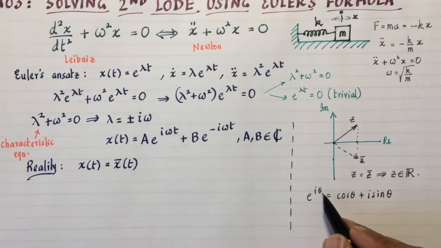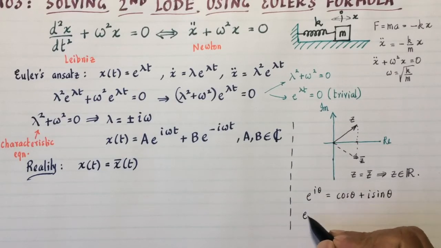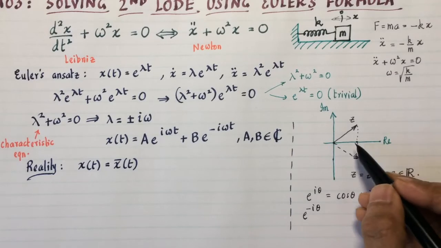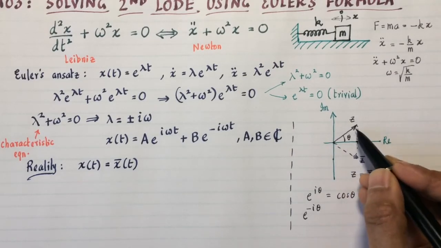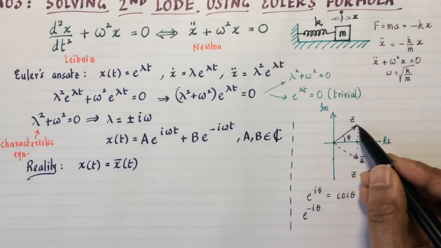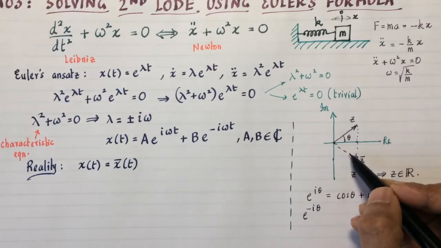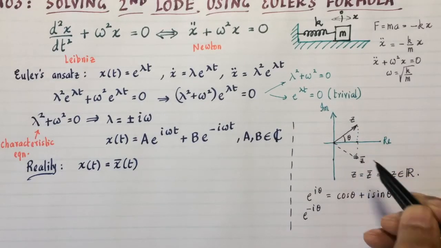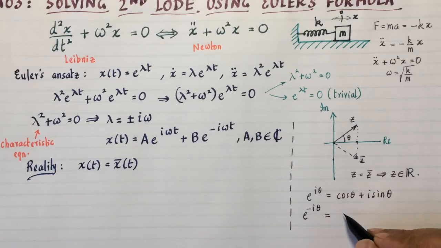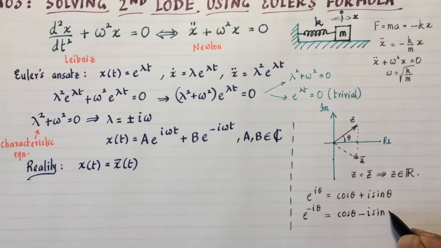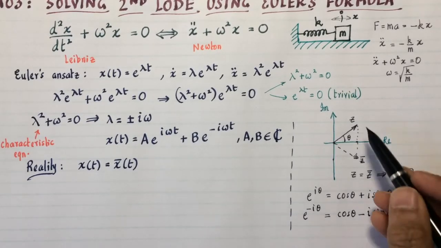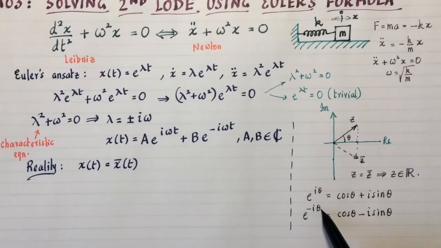The complex conjugate of e to the i theta is going to be e to the minus i theta, because if e to the i theta is some complex number along this direction with a magnitude 1, e to the minus i theta would be the reflection of that same thing in the fourth quadrant. So that would be cosine theta. As you can see, the real parts are the same, but the imaginary part is going to have a negative sign, minus i sine theta. That shows you that e to the minus i theta is in the fourth quadrant, and it's correctly the complex conjugate of e to the i theta.